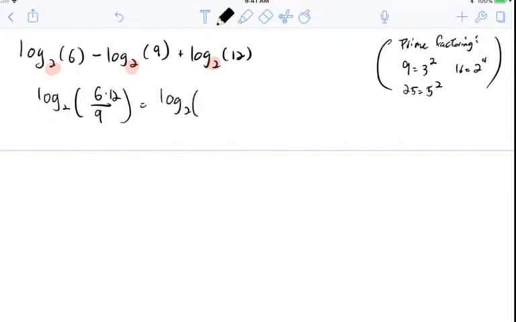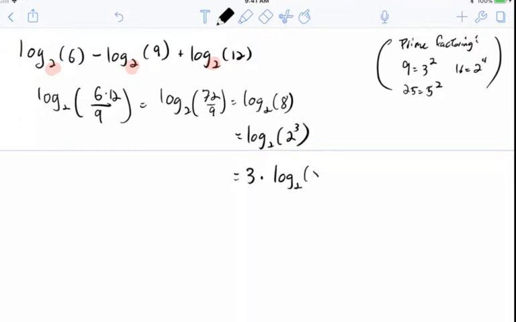That's equal to 72 over 9. So it's equal to log base 2 of 8. And 8, like I said before, is just 2 to the power 3. So you can write this expression as 3 times log base 2 of 2. So that's equal to 3 times 1, which is equal to 3. Okay?